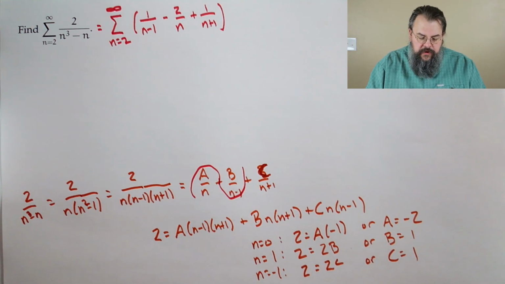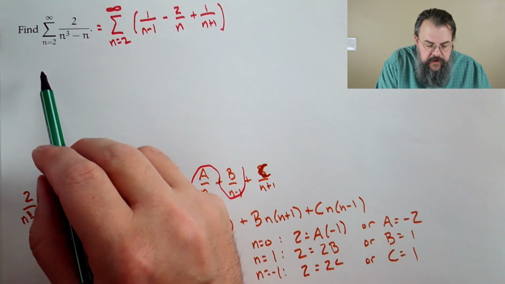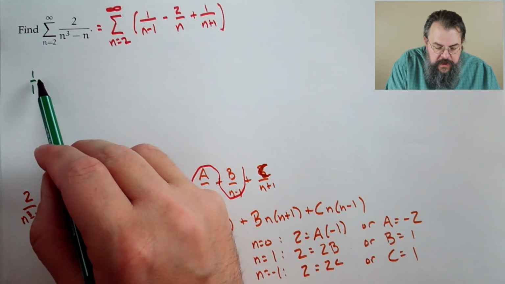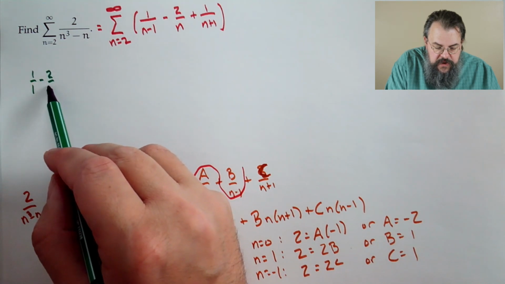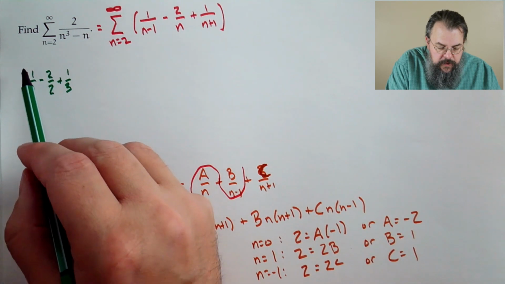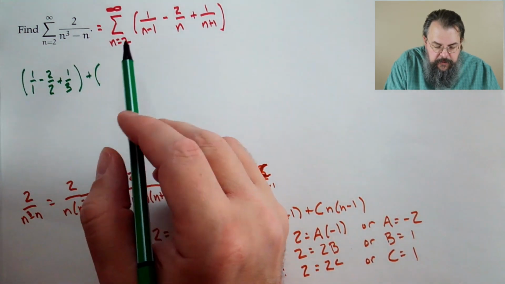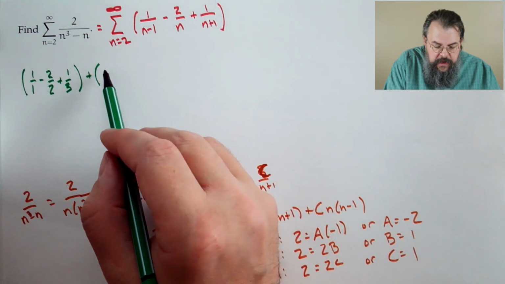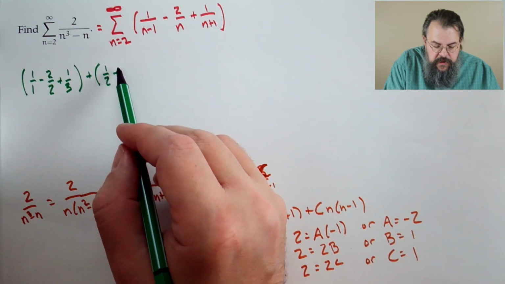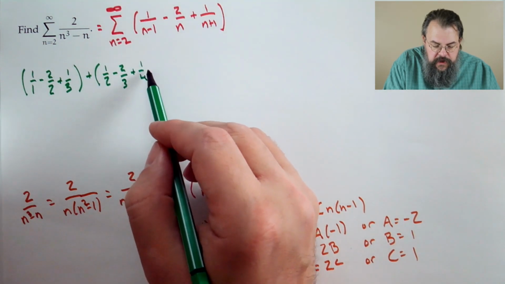Okay, so what do we have? Well, we can say this is 1 over 1 minus 2 over 2 plus 1 over 3. So that's, we're plugging in n equals 2. And then plus, plug in n equals 3. It'll be 1 over 2 minus 2 over 3 plus 1 over 4.